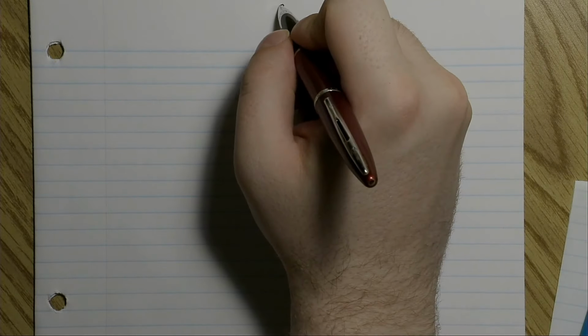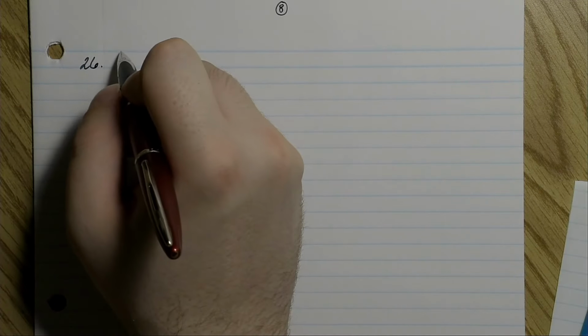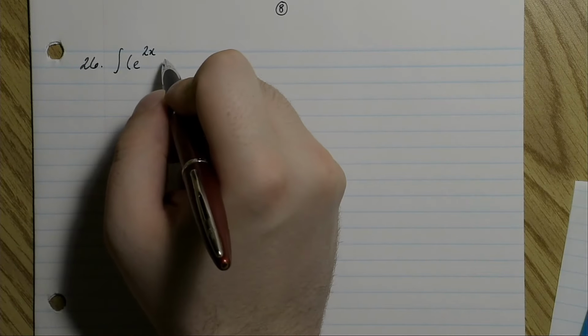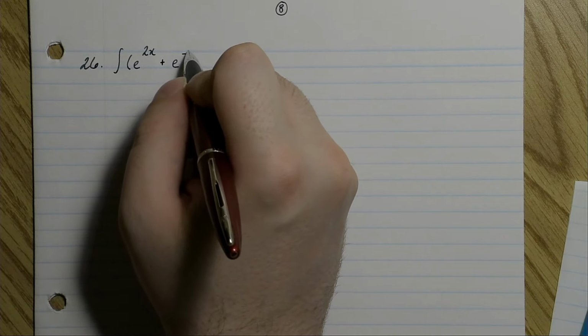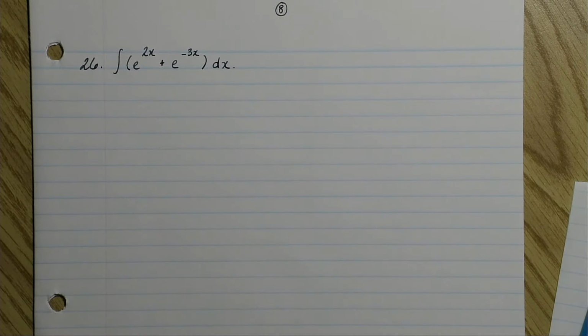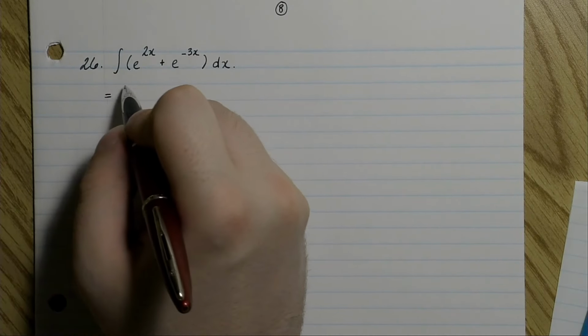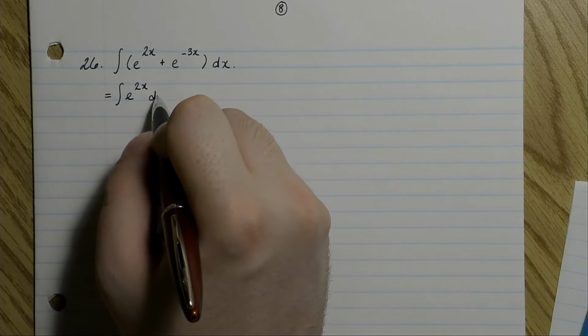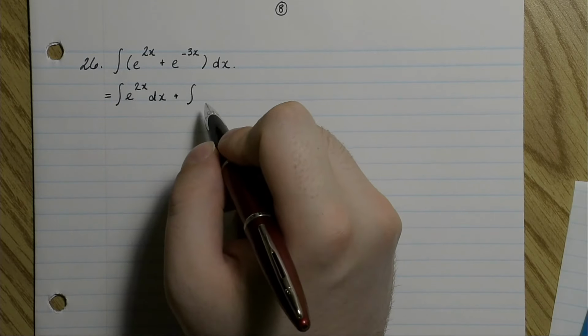Okay, so if I did 26, we can break that up into two different integrals just by using our, I think it's our second property.